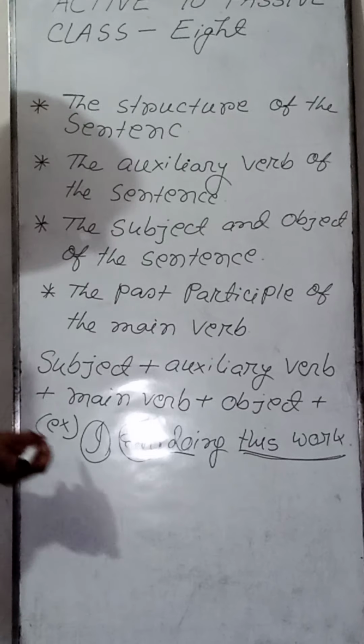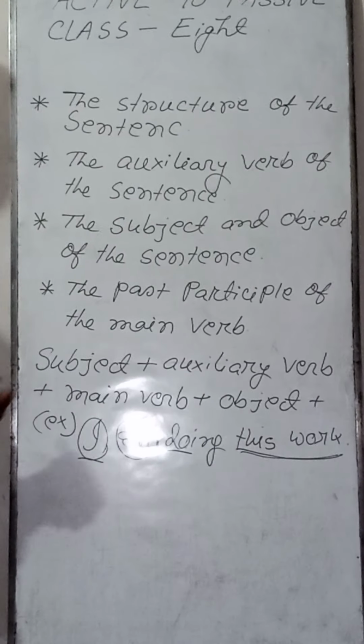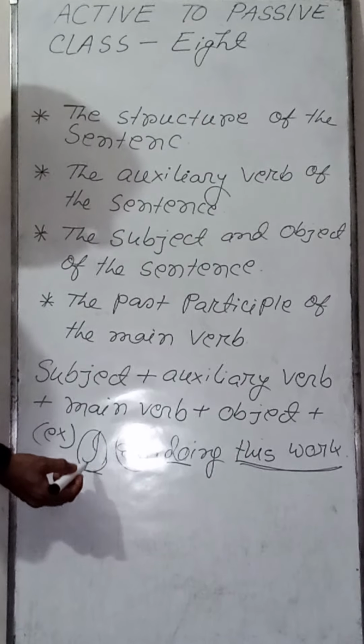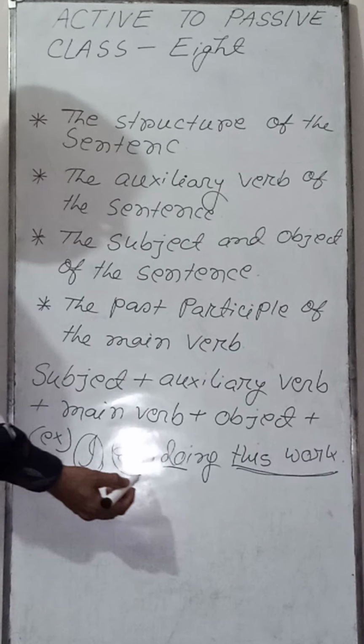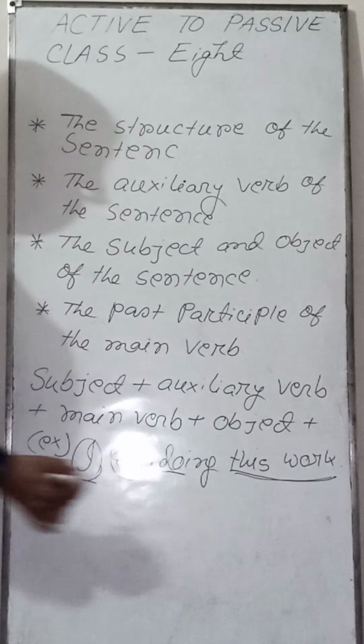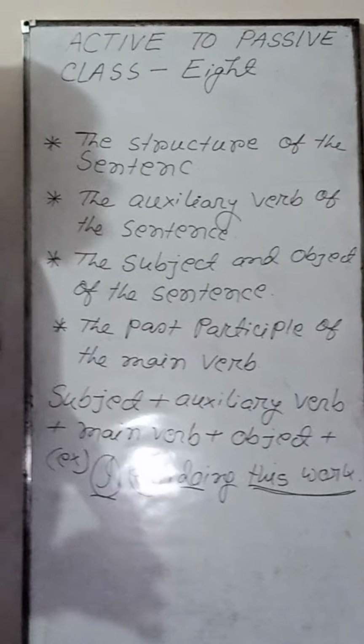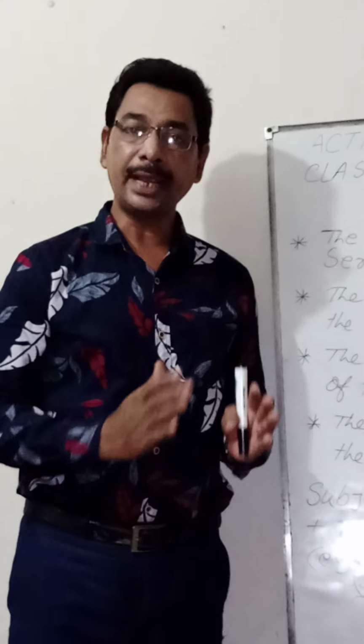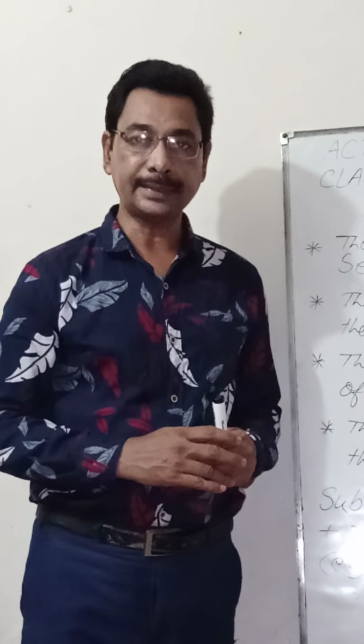This way, you have to identify first. If you do not identify the subject, the auxiliary verb, the main verb, and the object, it is quite impossible to change a sentence from active to passive.